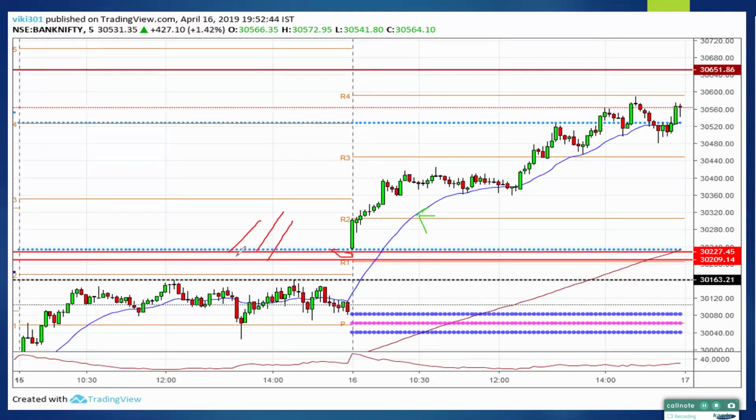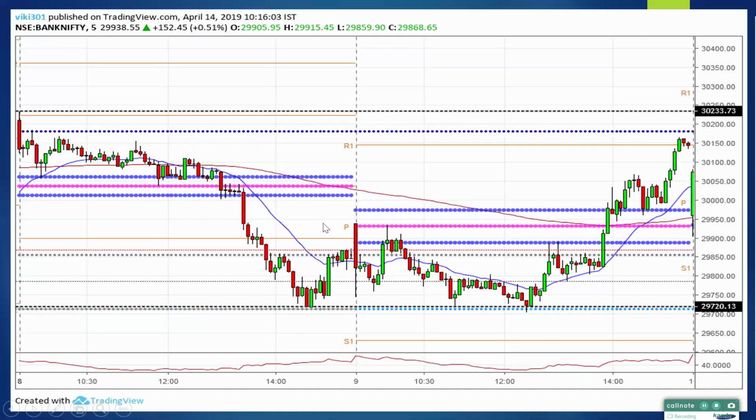There were two strong supply zones, and there's a weekly pivot. If price came like this, then it was a good place to sell. But what happened? It bypassed all this resistance and closed with a very bullish candle. Here also, this 20 MA and 200 MA are all on the 5 minutes, not the daily.